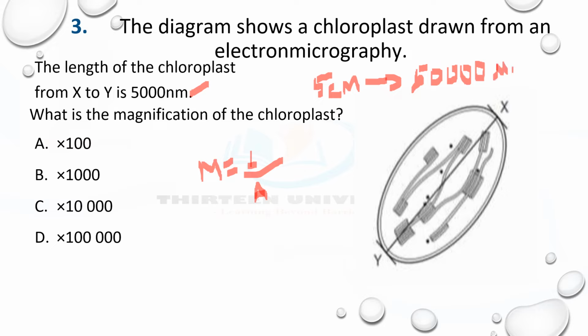Moving from nanometer back to micrometers, you divide 5,000 by 1,000, which gives you 5 micrometers. That is our actual size.